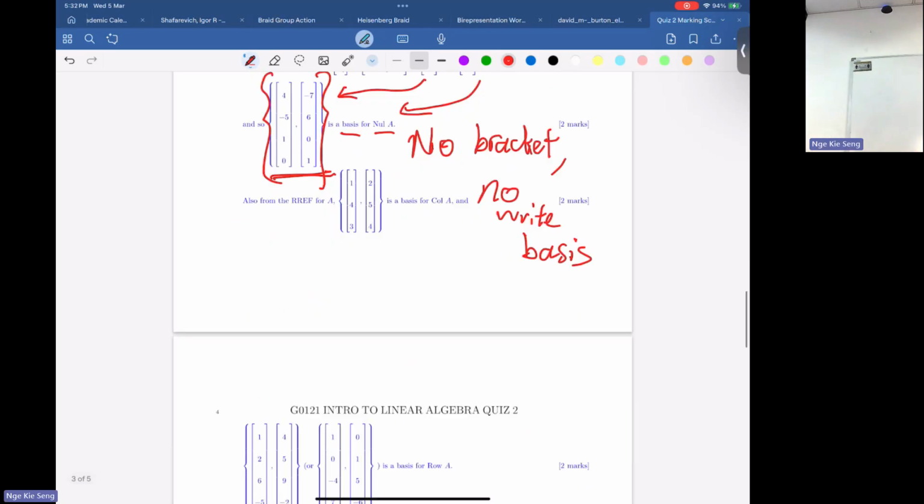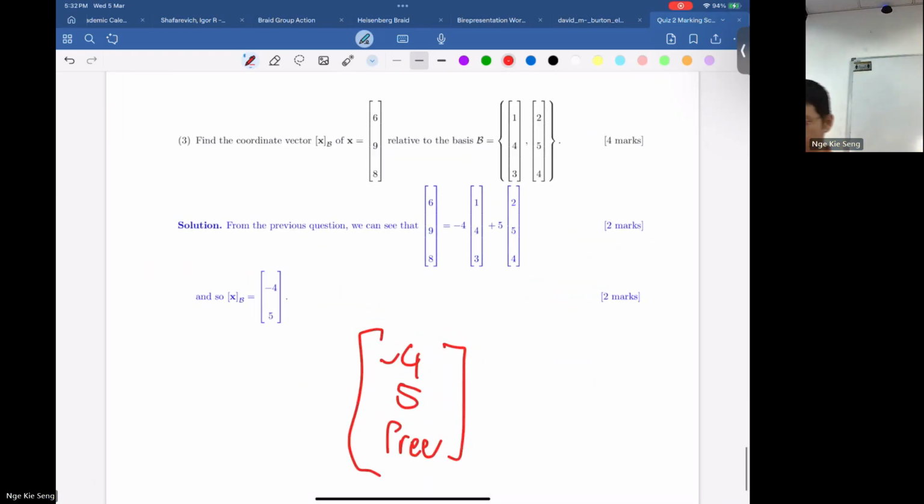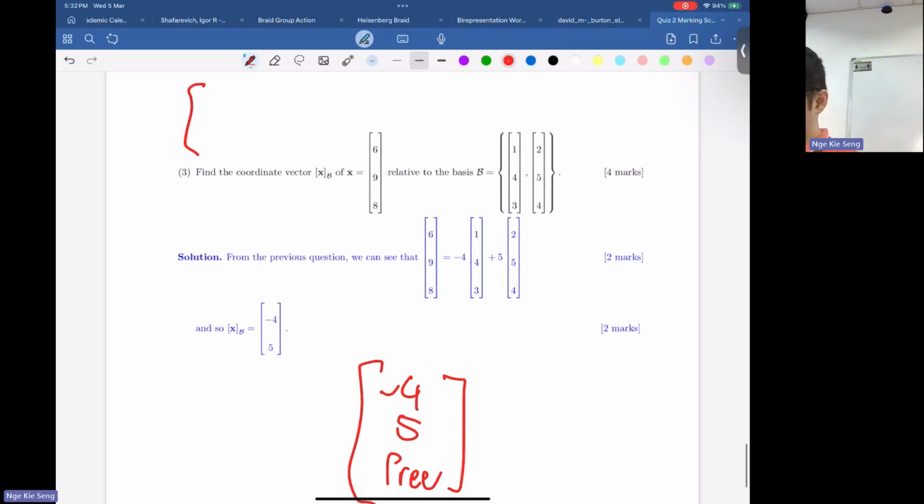Okay, if no question, let's proceed to the last one here. Find the coordinate vector with respect to the basis. Most of you start from scratch. You just cook up the augmented matrix here. You want to find the linear combination between these two vectors such that you get 6, 9, and 8.